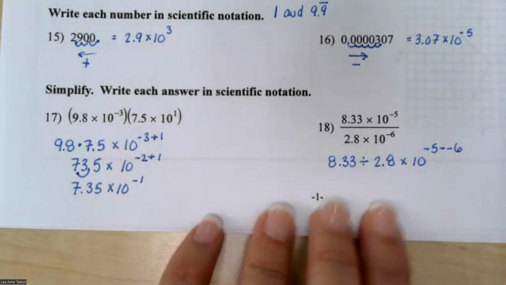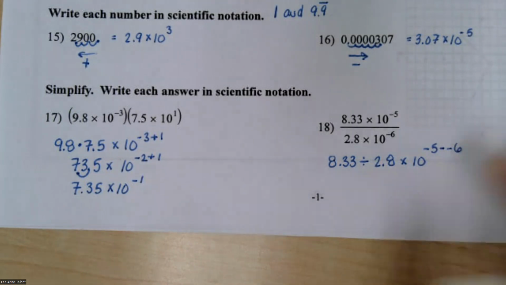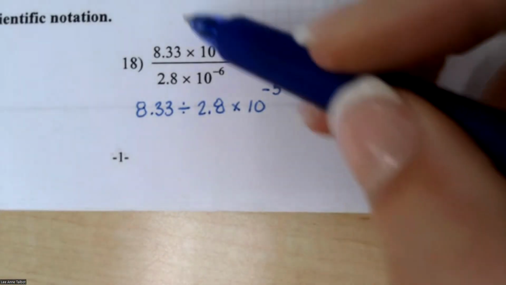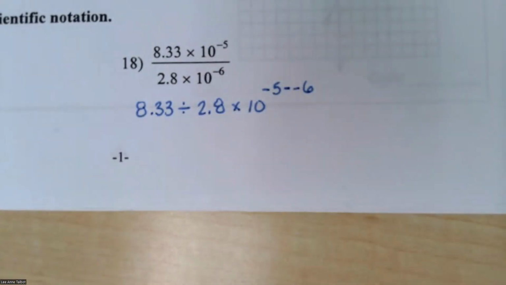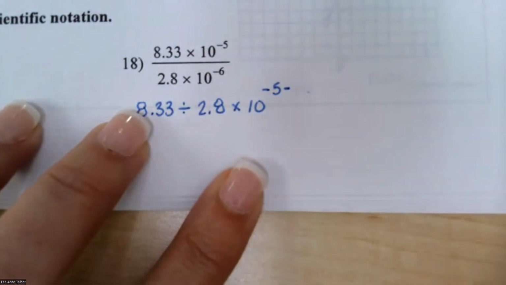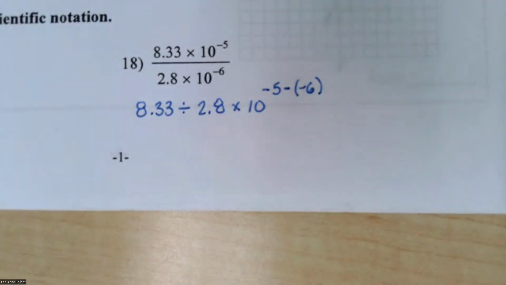Subtract the exponents, but be really careful. Do you guys see how super careful I was right there? Do you see it? Negative 5 minus negative 6. If you want to, you can write that if that makes you feel better.